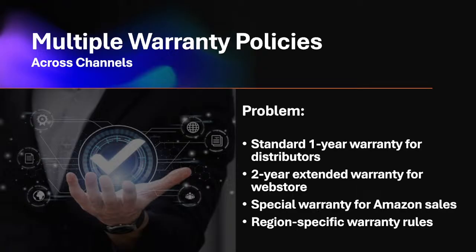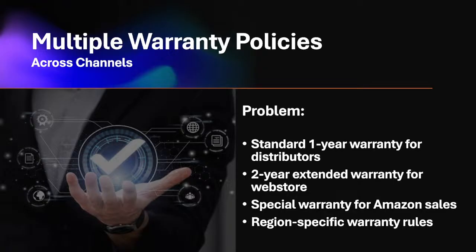It actually happens that when you are selling directly through the distributors, you as a manufacturer are offering a 1 year warranty. The same product when sold through the web store, you are offering 2 years warranty.